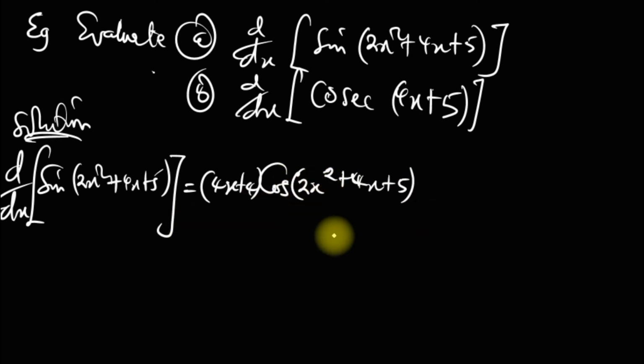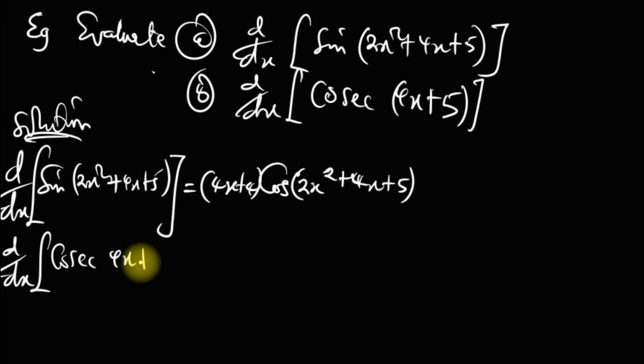So that's the answer. So again, the second one, the derivative of cosec of 4x plus 5. Remember, the derivative of cosec is minus cot cosec, so minus cot.